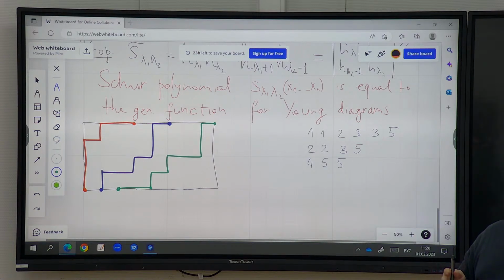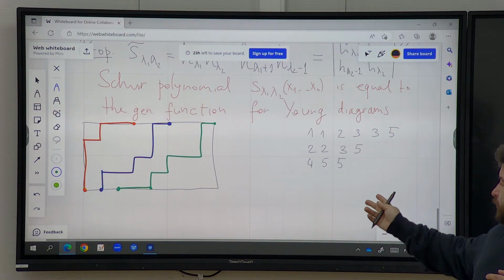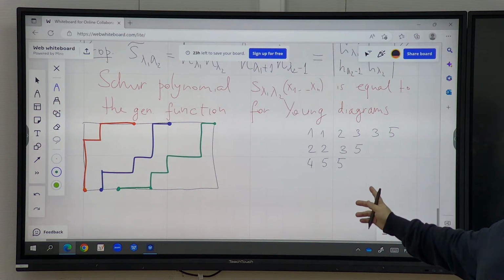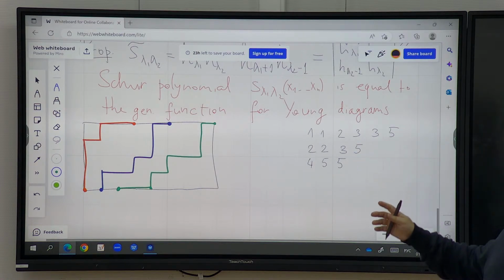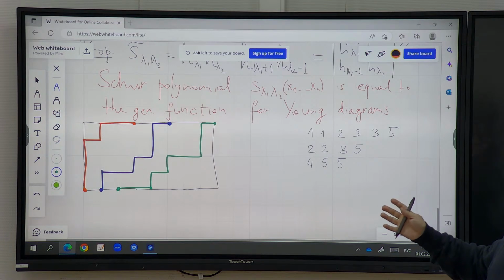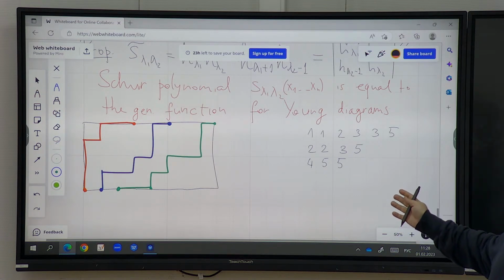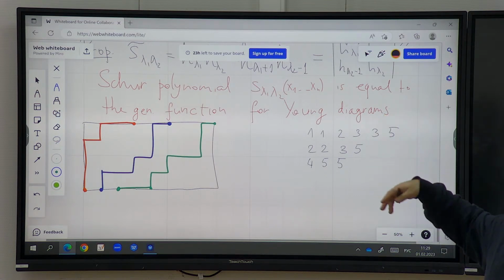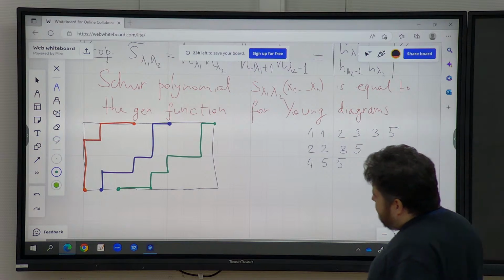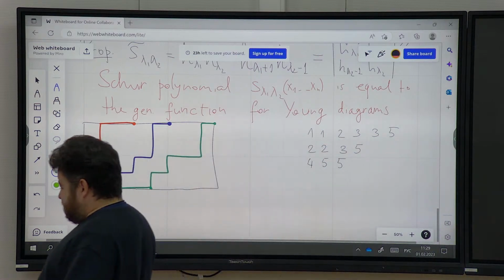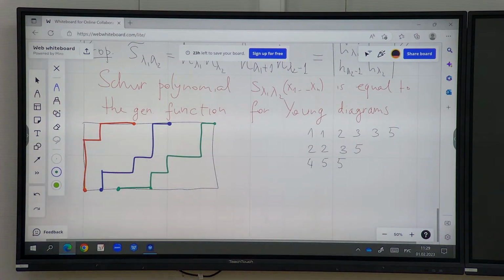Well, one possible idea will be to see if the first path crosses the second one, or the first one crosses the third one, or maybe some pair. Maybe the first crosses the second and the third, and take the inclusion-exclusion formula, right? But that's not quite what I want to do.